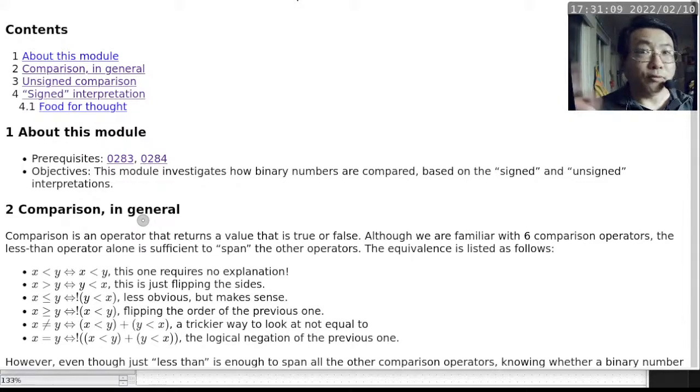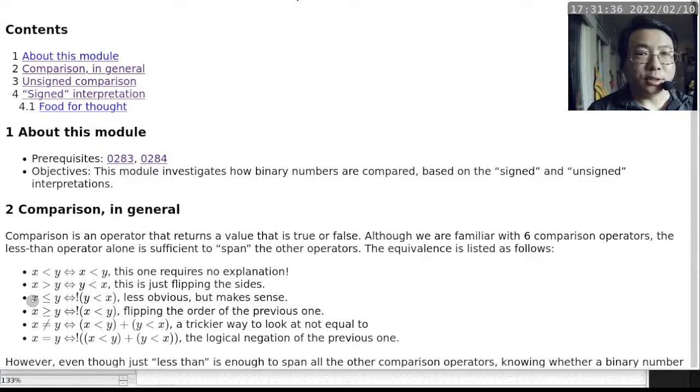I can reverse the order of the comparison, or I can use some of the logical operators like or, and so on. So I'm just going to quickly illustrate what I mean by that. We have x is less than y, which is exactly the same thing as x is less than y, so that's trivial. If I want to see whether a value is greater than the other value, all I have to do is exchange the order. Then it becomes a less than.